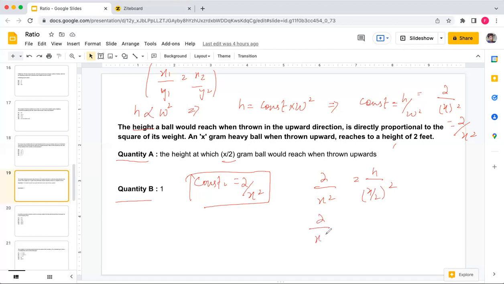So this is 2 by x square is equal to h by x square over 4. So x square will cancel out. So h will be equal to 2 into 1 by 4, and h is equal to 1 by 2. So height in this is equal to 1 by 2, and quantity B is 1. That's why quantity B is greater.